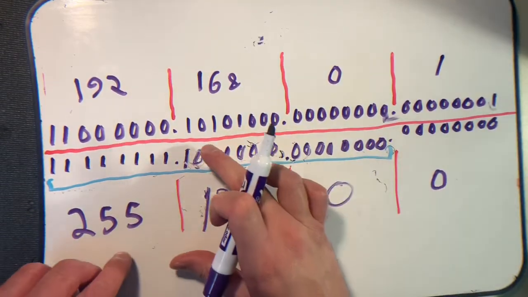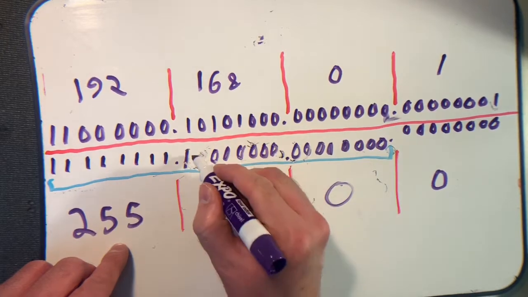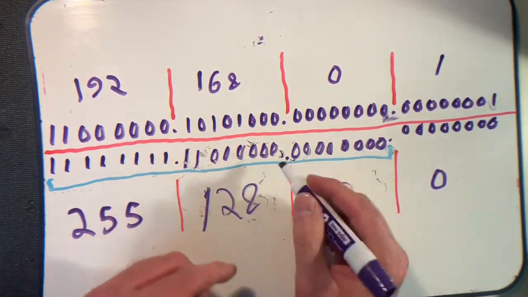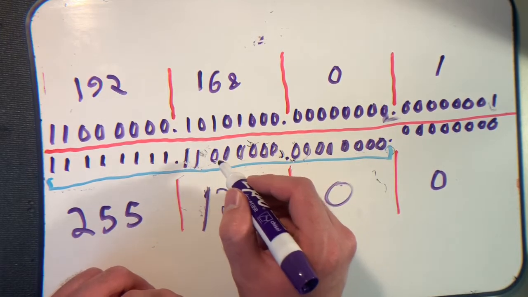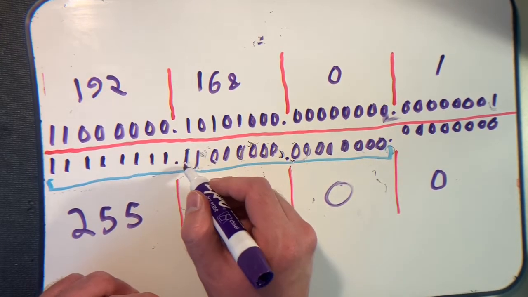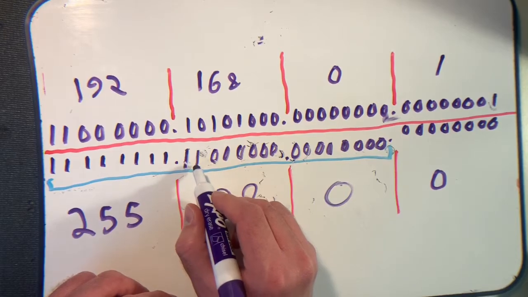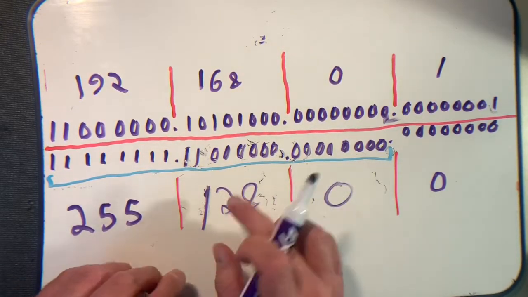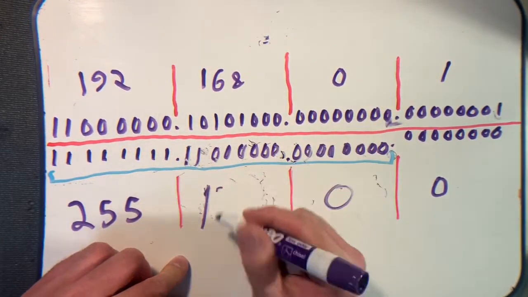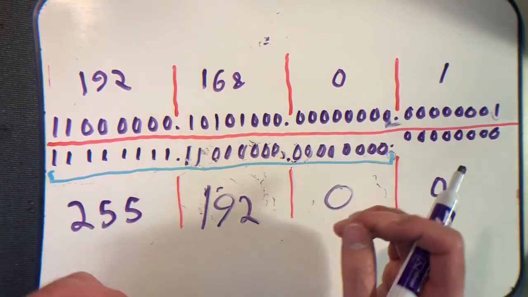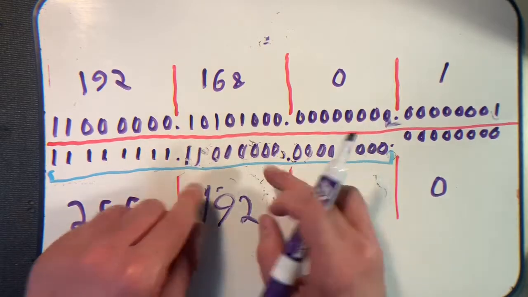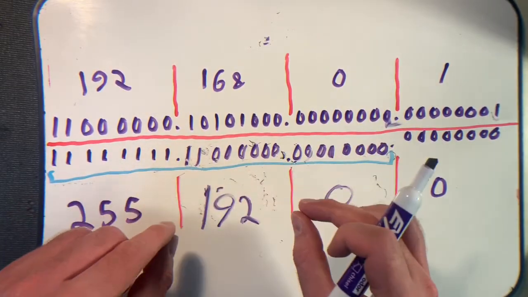But we could change that again and say that this 0 is actually also a 1. So in that case, we would do, again, 1, 2, 4, 8, 16, 32, 64, 128. So it'd be 128 plus 64, which would be 192. And that's how we would derive our subnet mask number based on just the binary number from the subnet mask.